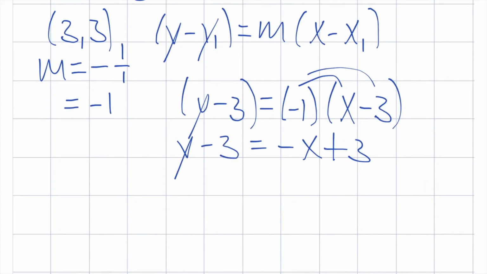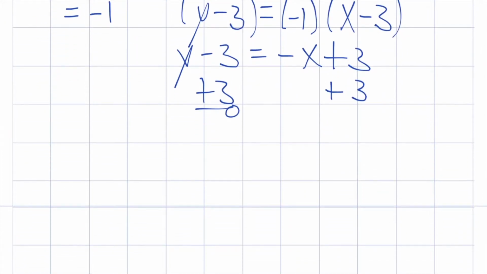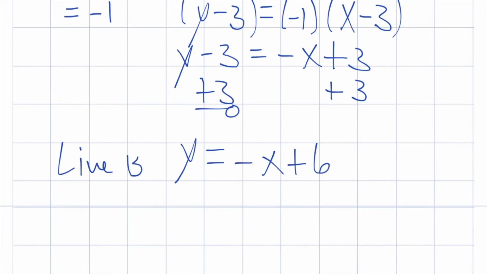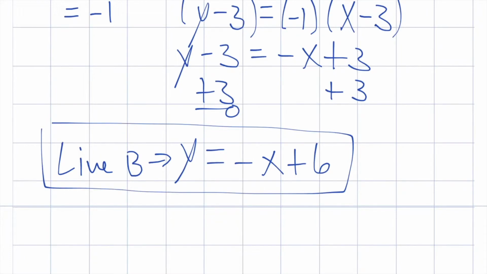So now, just like before, we're going to isolate y. We're going to add 3 to both sides. And you have y equals negative x plus 6. And this is for line B. Okay, y equals negative x plus 6.